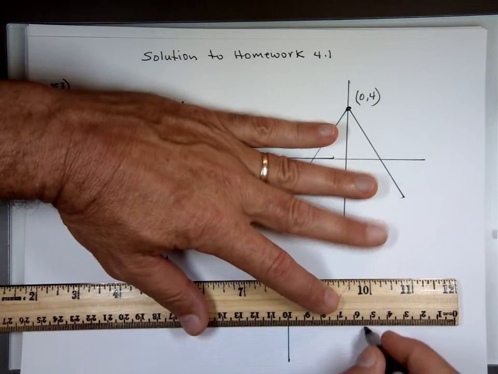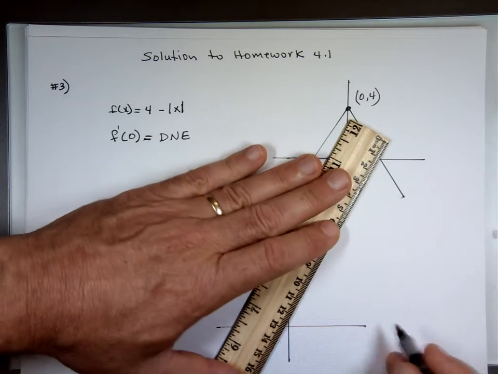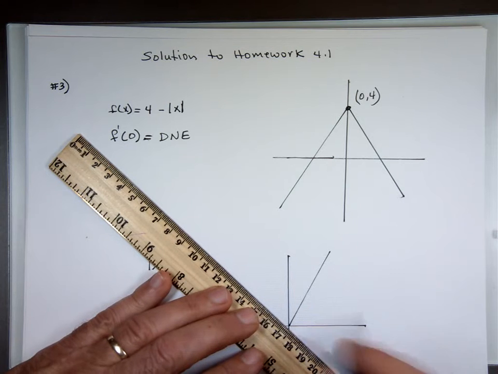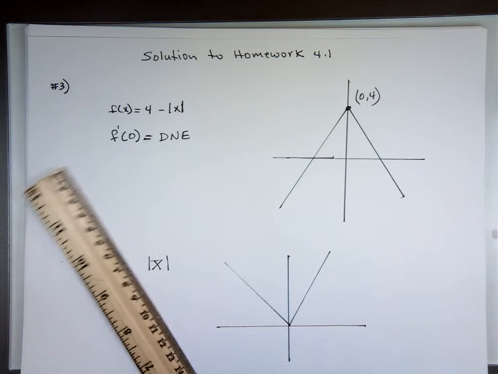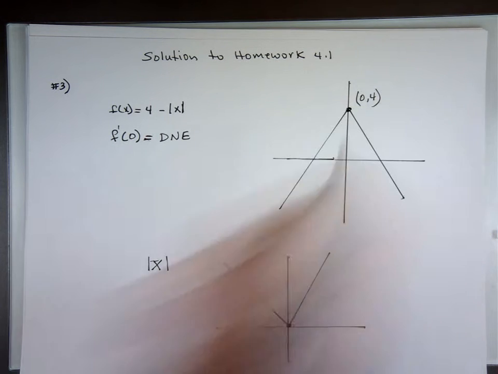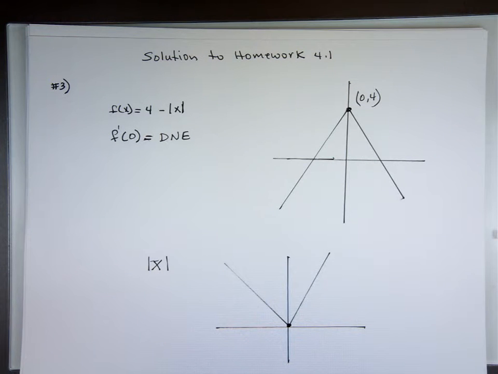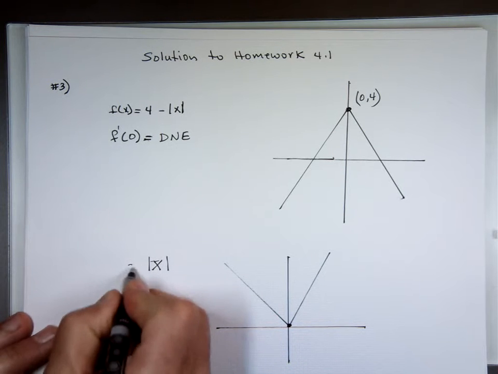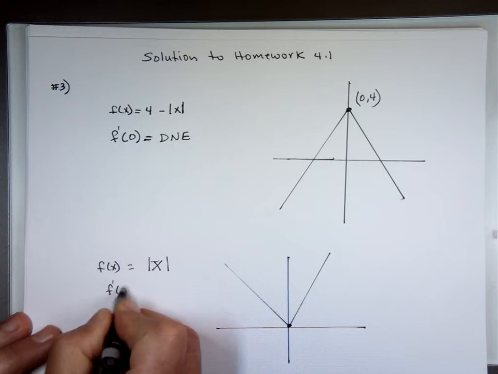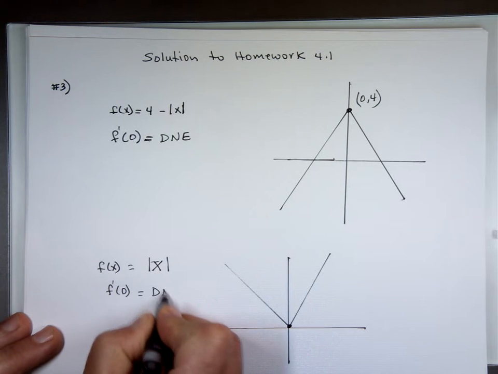So at 0 there is no derivative because it's a V again. So at the V's, there is no derivative. So here, if f of x equals absolute value of x, we say what's the derivative at 0? Also DNE for this one.